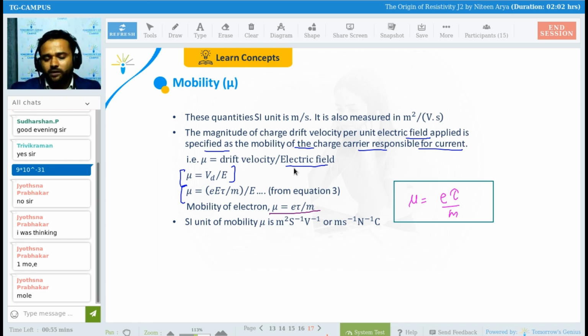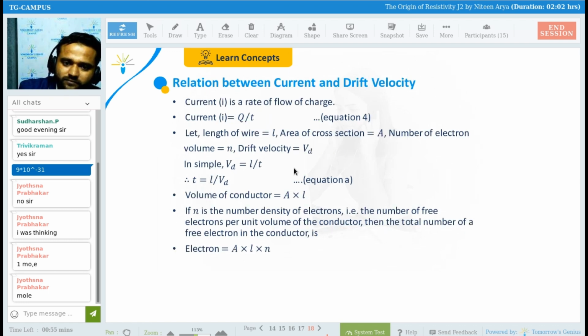Means instead of an electron, if we consider the charged particle to be an ion, a positive charge, or an alpha particle, how is your mu going to change? The SI unit of mobility is meter square per second per volt, or meter per second Newton per coulomb, per Newton into coulomb. So many quantities, but the relation is simple. Is this clear, everyone?